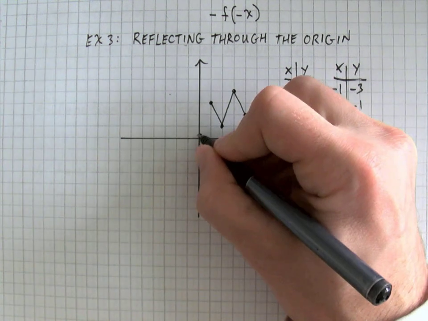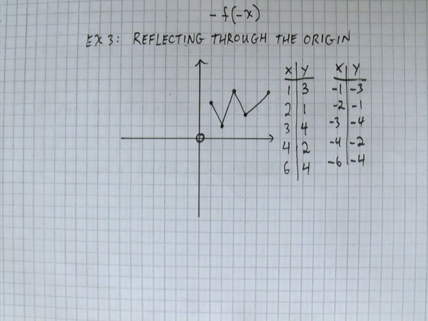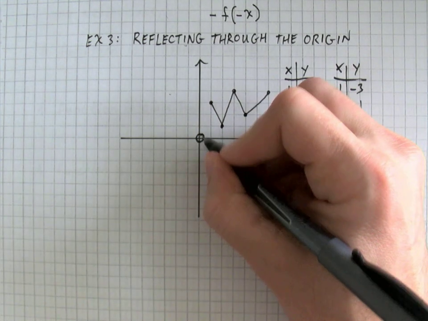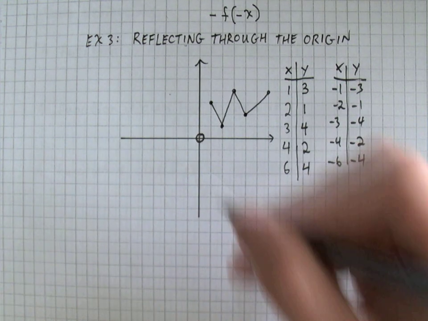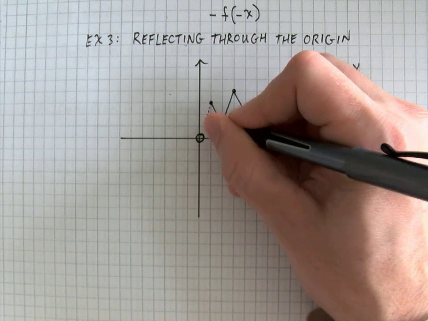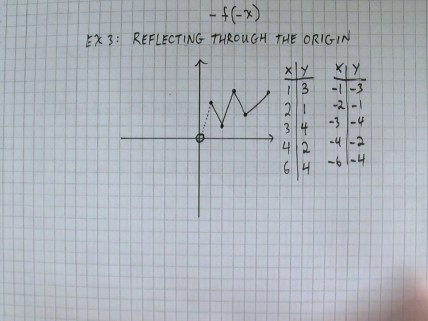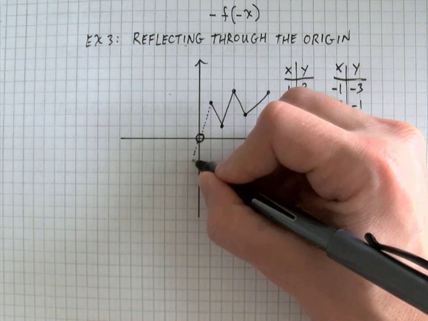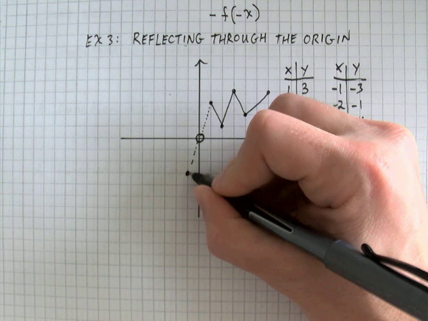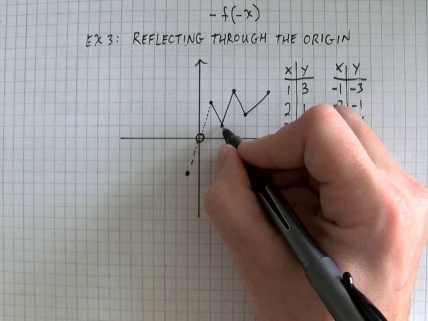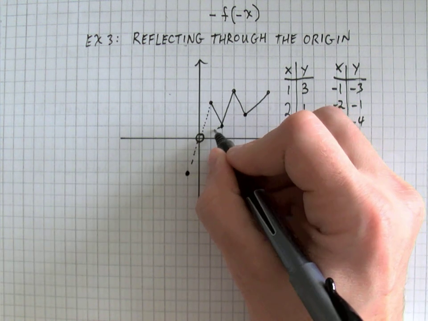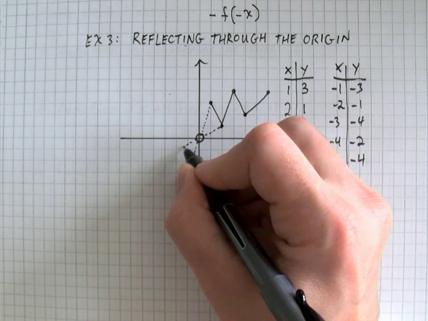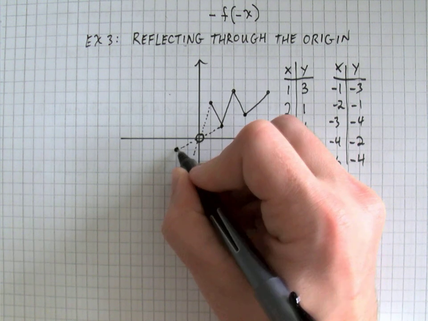Imagine that the origin was like a funhouse mirror. So not just a regular old mirror, but this point or this ball that's hanging in the middle of the funhouse. And what happens when you look into the mirror, your image as some sort of hologram shows back up on the other side, right there. And if you did the same thing with this point, that point were to look into the mirror, his image would show up on the other side here.